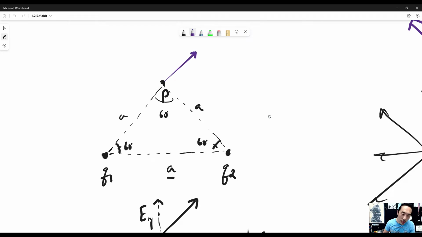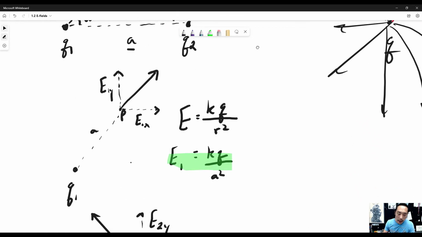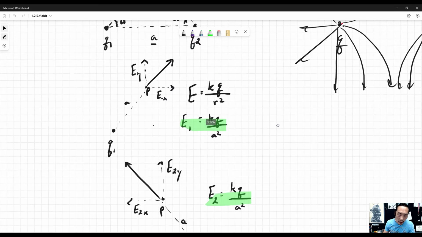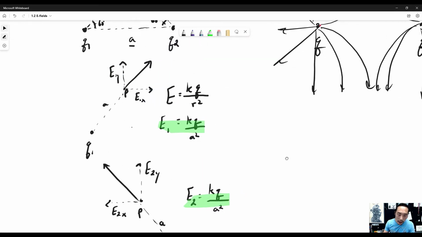If this angle here is 60 degrees, then if we were to take a look at the vertical component along this axis here, right? So if this is E1y, we can see that this angle, according to the laws of geometry, is also 60 degrees.